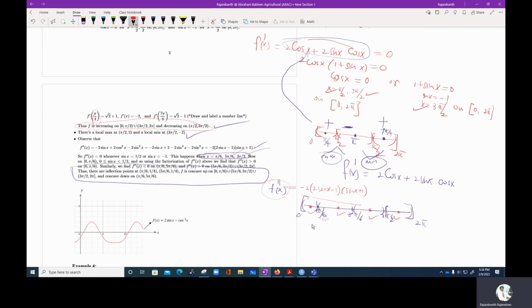So you should get a positive sign here. Here you will get a negative sign. Then again here a positive sign. And here also positive, I believe.